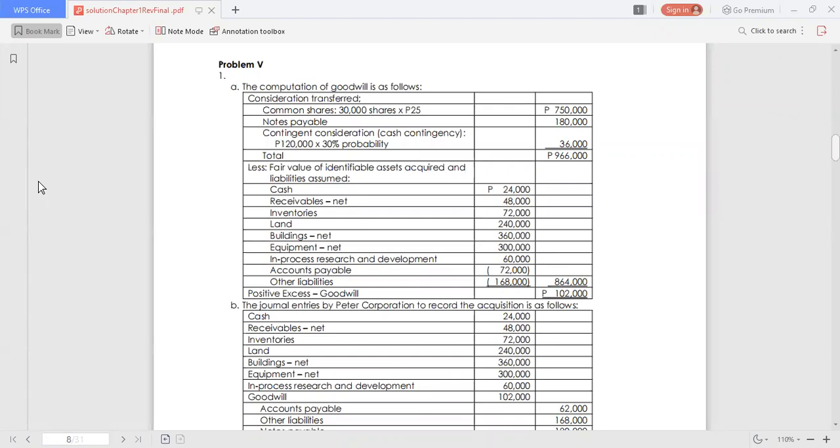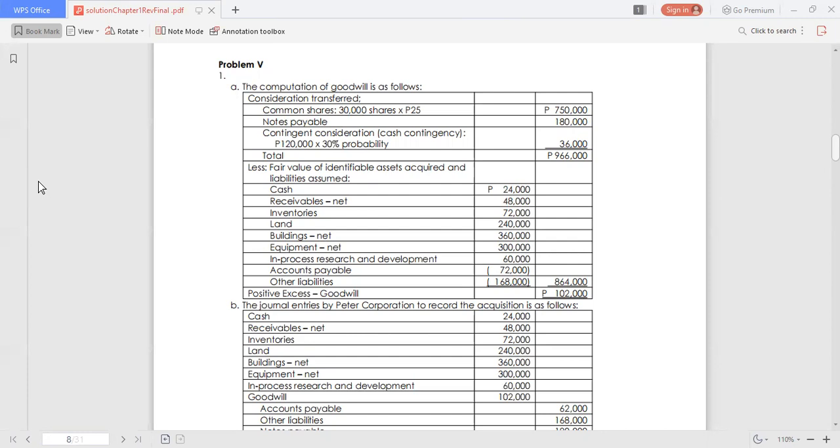A contingent payment of 120,000 cash on January 1, 2027 if the average income during the 2-year period exceeds 320,000 per year. Pure estimates that there is a 30% probability that the 120,000 payment will be required.